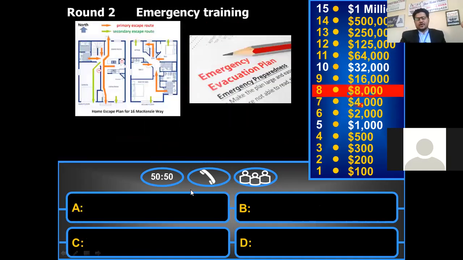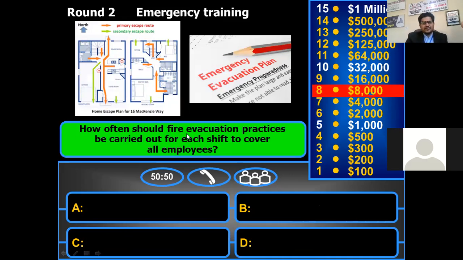Excellent. Question number 8, look at the picture first. Emergency evacuation plan. How often should fire evacuation practices be carried out for each shift to cover all employees?